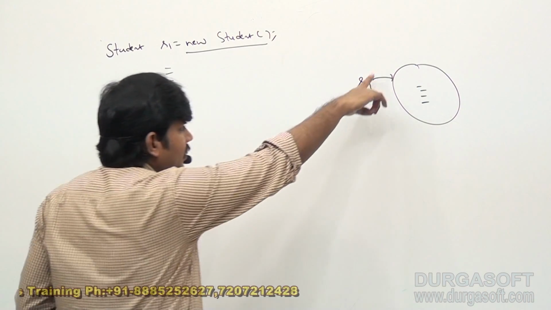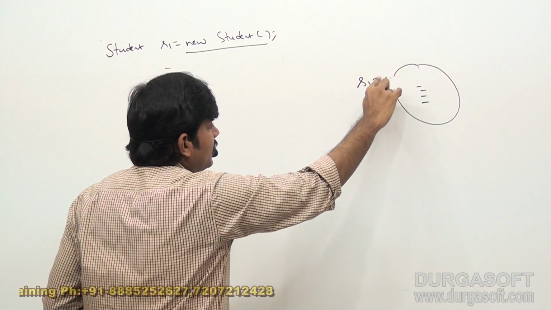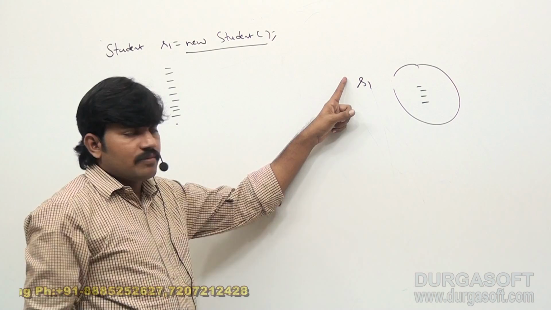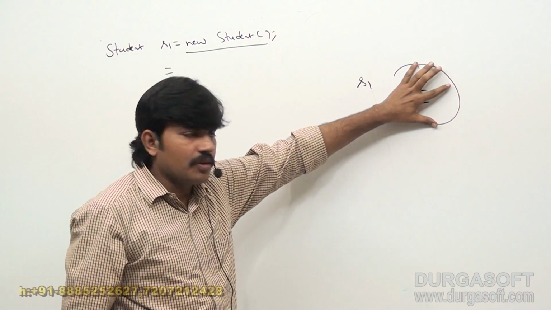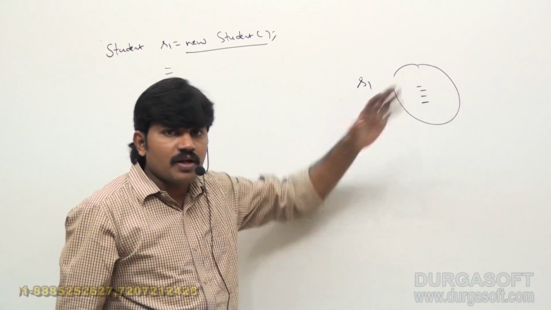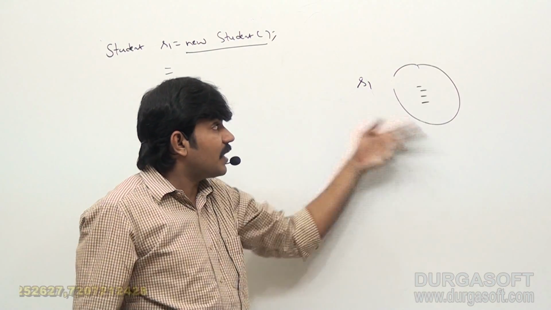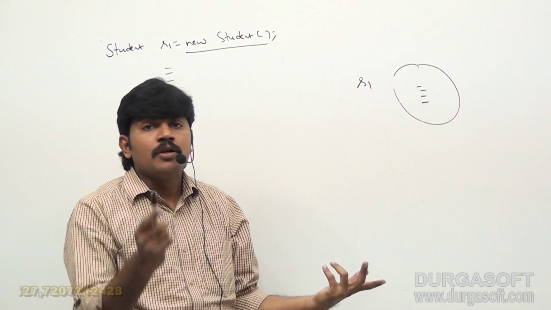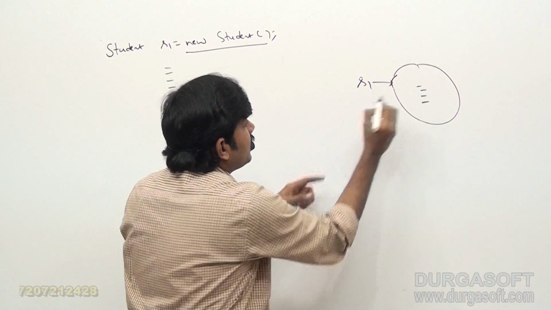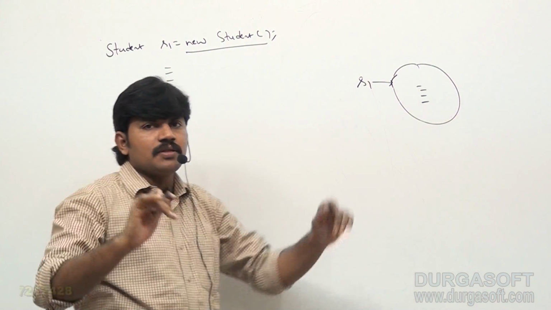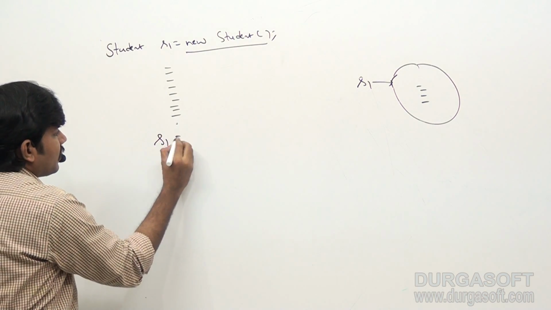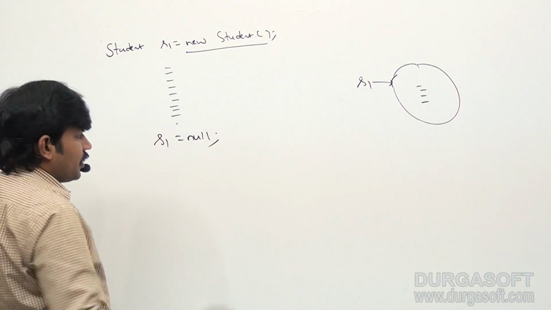If I cut this link, now s1 no longer points to this object, and it is eligible for garbage collection. It becomes a useless object because no one can access it; there is no reference variable. How can I cut this link? Very simple: assign null to its reference variable.